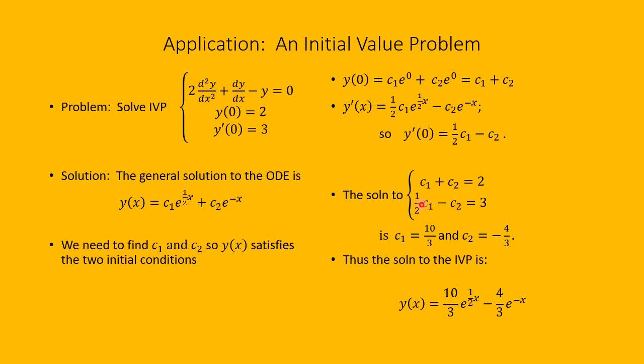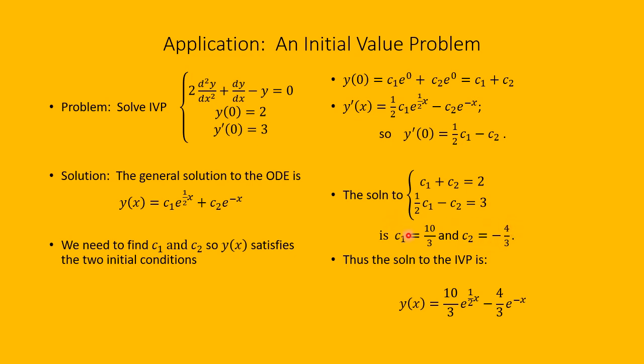So here we have a system of linear algebraic equations. We know how to solve them. I'll skip going through the steps of the solution to these. It turns out that C1 is 10/3 and C2 is minus 4/3.